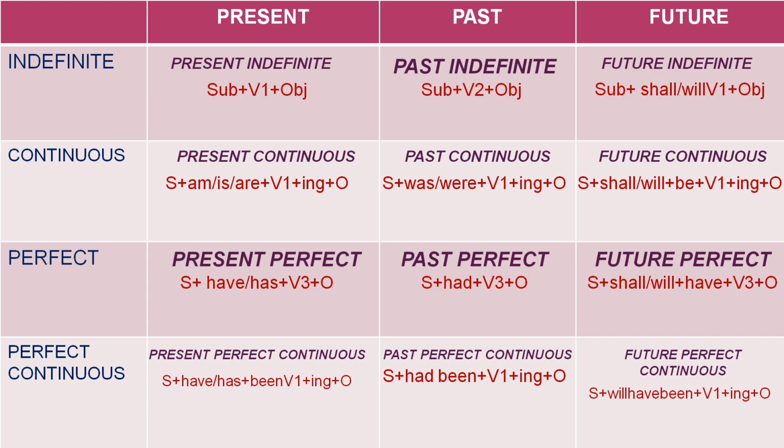What are the be verbs? If you don't know about be verb, then you can check in my channel. There is a video about verb. In that video, I clearly told you about the be verbs and other verbs. Okay? So am, is, are, was, were are the be verbs. So we have to use be verb in this line.